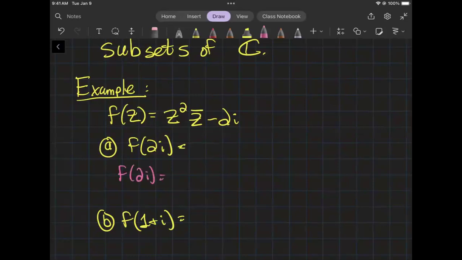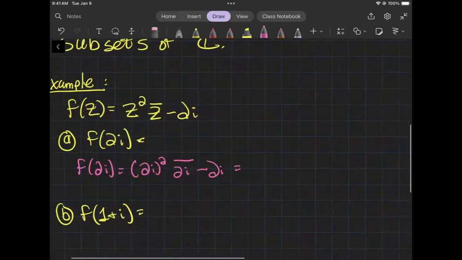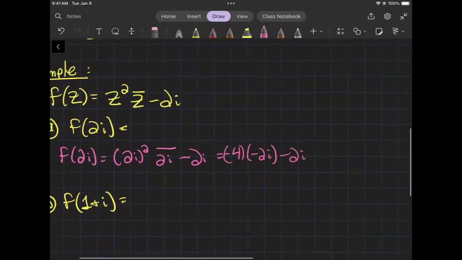So for f of 2i, we replace the z's in your function with 2i, right? So it would be 2i squared times 2i conjugate minus 2i, right? And so this equals 4i squared, which is minus 4, times minus 2i, that's its conjugate, minus 2i, right?